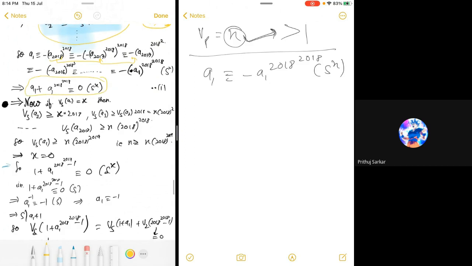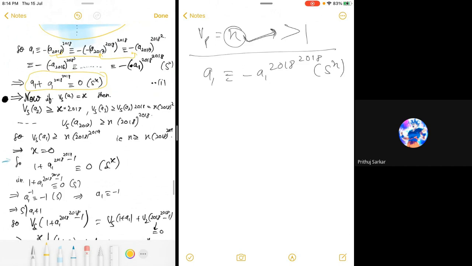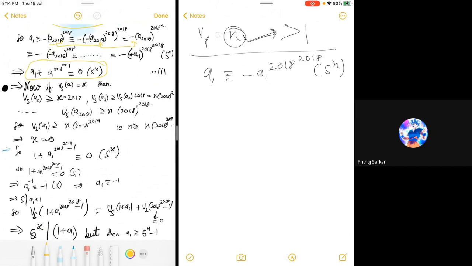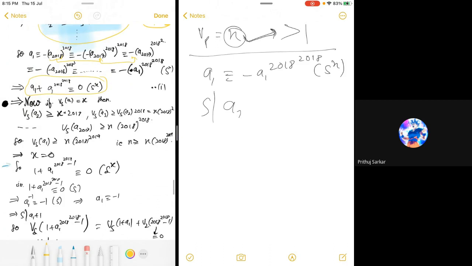Now you can just check that 5 does not divide a1, because if 5 did divide a1, suppose v5 of a1 is y, then v5 of a2 should be greater than or equal to y times 2018.